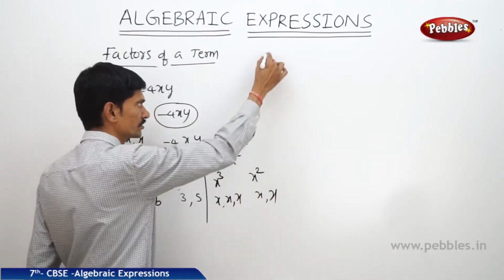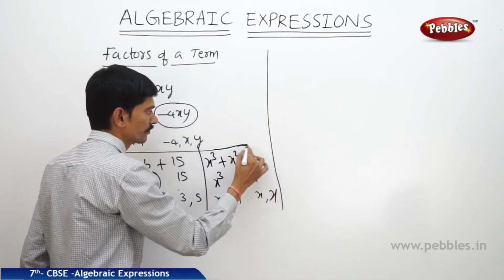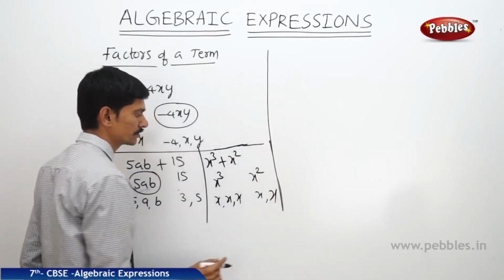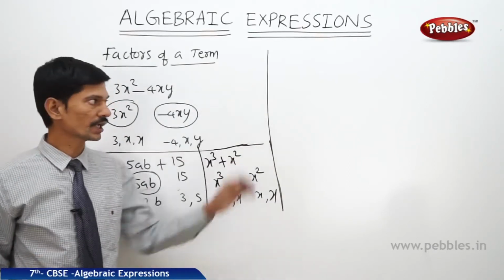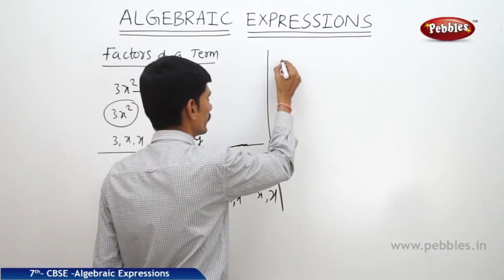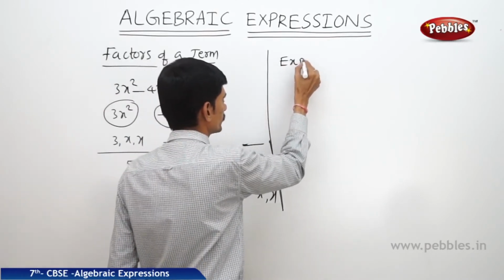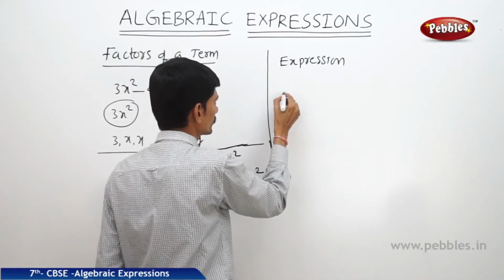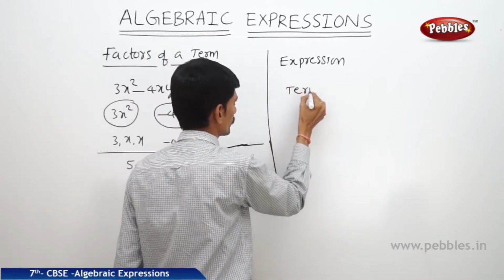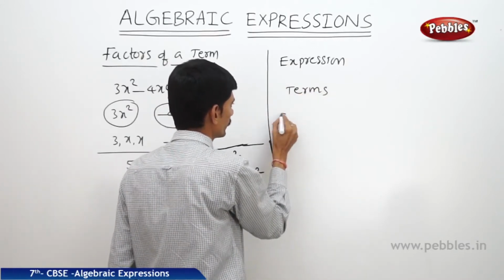Now if you show this product of the factors to form the term of an algebraic expression by the tree diagram, first you will write the expression, then we write the terms, then we write the factors.